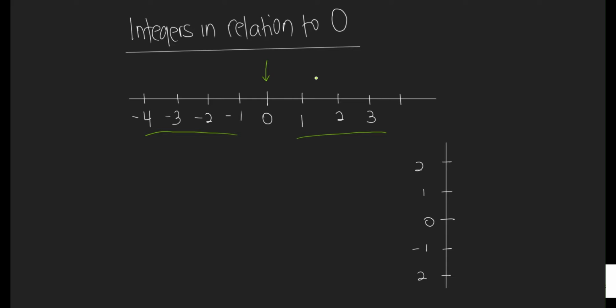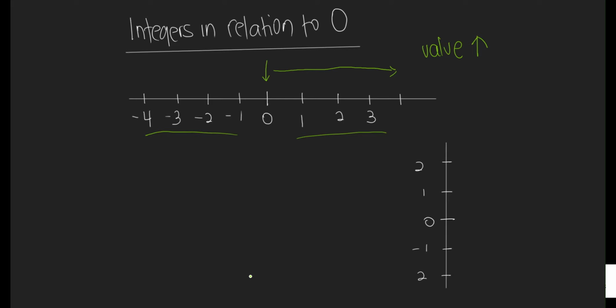Now, any movement to the right from the origin, or 0, we can safely say is heading in the positive direction. The numbers that you see are all positive numbers, and the value keeps increasing as you move to the right of 0.